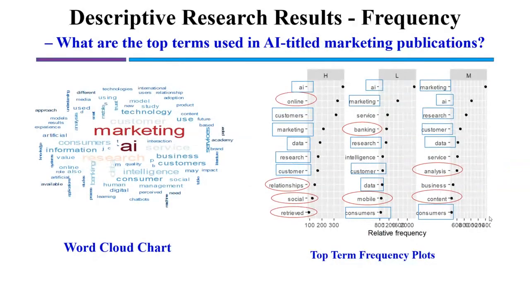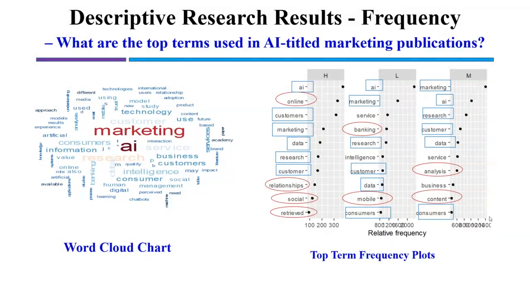And then I tried asking the machine to use frequency. Show me what are the top terms that occurred in these 50 publications. This word cloud chart is the way to show all the top terms we can find.